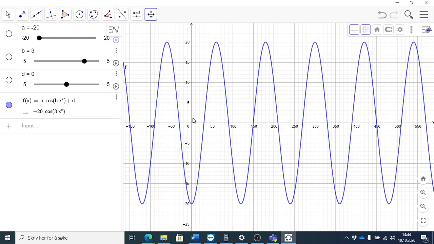So the period is 120 degrees. So for every 120 degrees, we have a new period, which is at this point, from here to here. This is the cosine function, so that's why it doesn't start at 0. It starts at -20 here, and then we have 1 period for every bottom here.